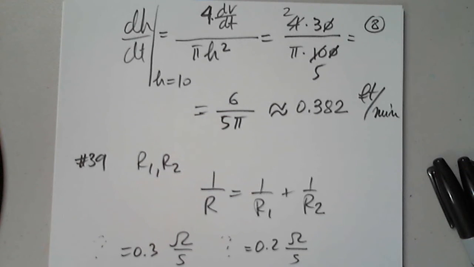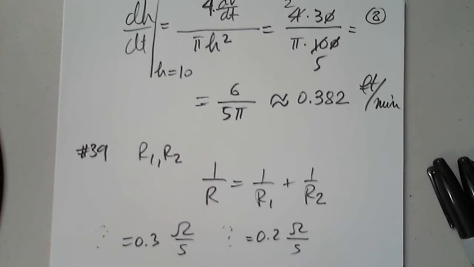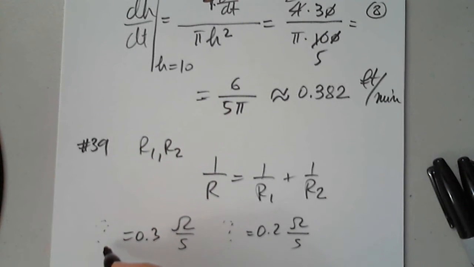Is that dV over dt? So let's look again. If R1 and R2 are increasing at rates of, respectively, R1?